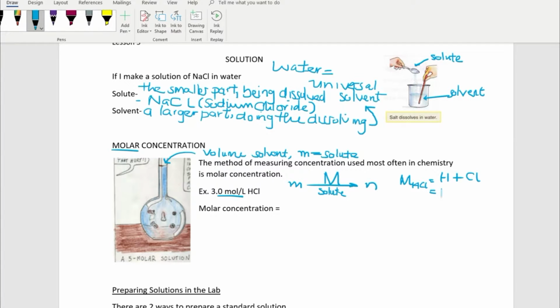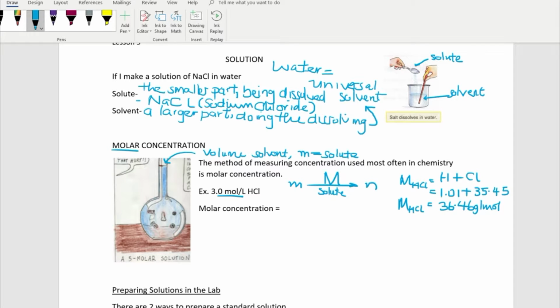So hydrogen is 1.01 plus 35.45 for Cl, and that gives me around, let's say, 36.46 grams per mole for our molecular weight of hydrochloric acid, where the big M is represented as the molecular mass or molecular weight.